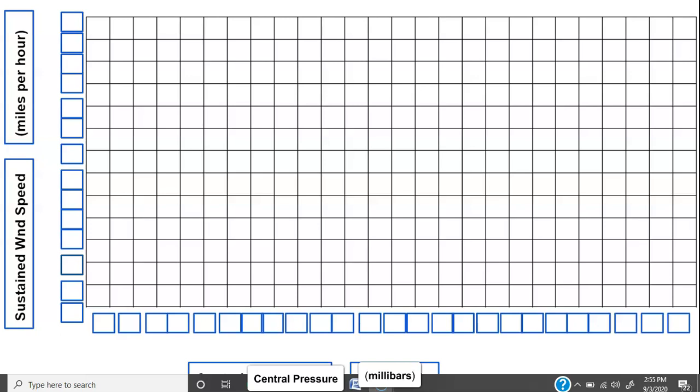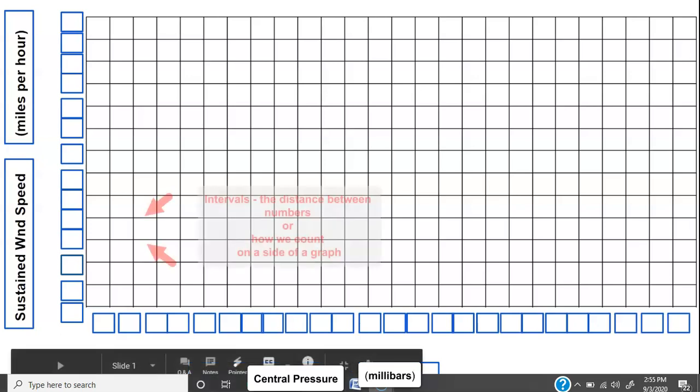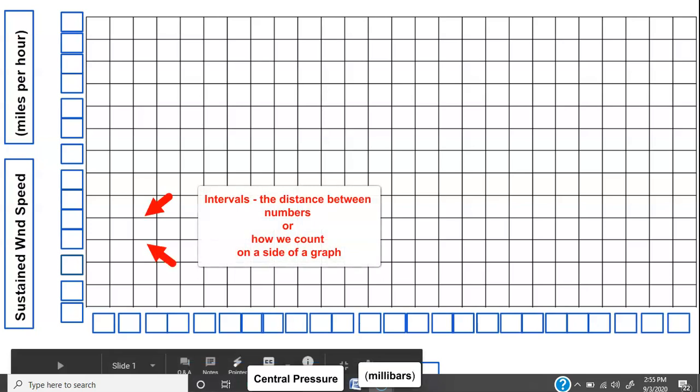That would be the other end of our range. So range is the low and the high of our numbers. And that helps us. If we know what our range is, then we can think the spacing out on the graph. How the numbers are spaced on the graph are called intervals. So that's the distance between the numbers on our graph.